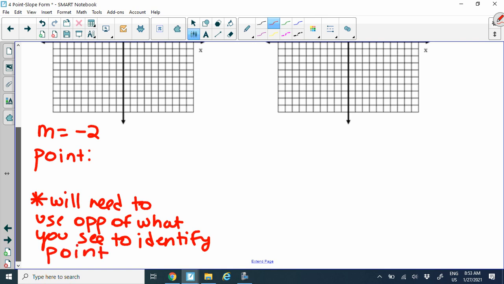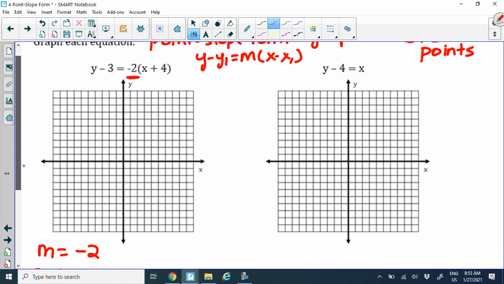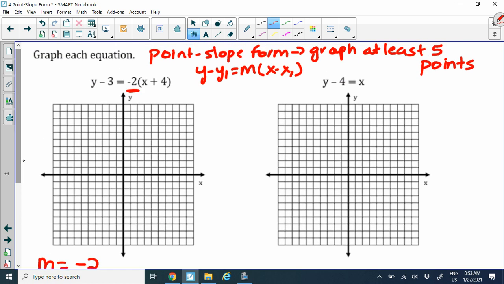Okay, so we'll need to use the opposite of what we see. So we have our y sub 1, and here's our x sub 1. So notice we have x plus 4.